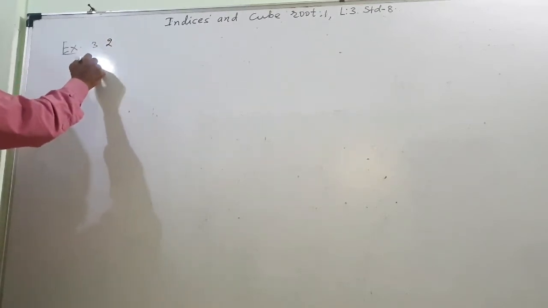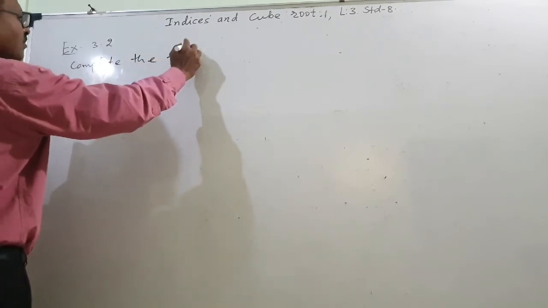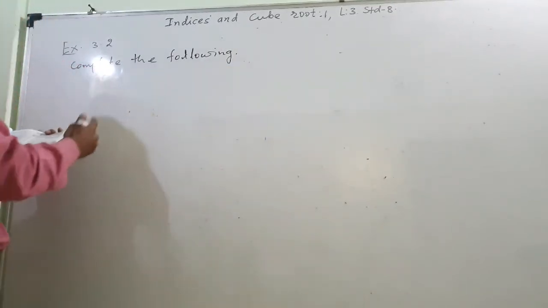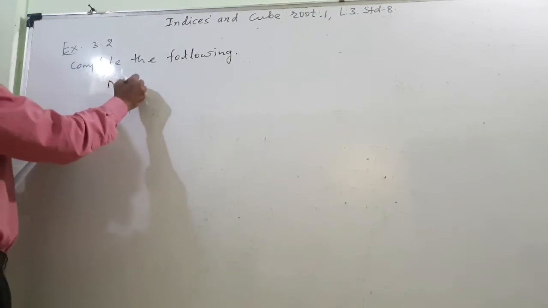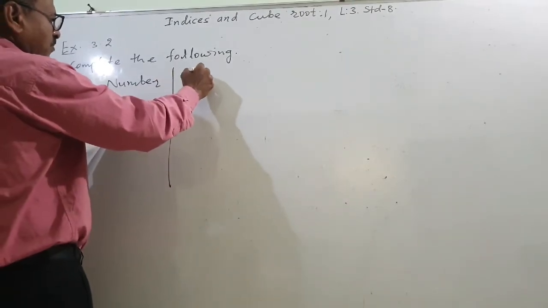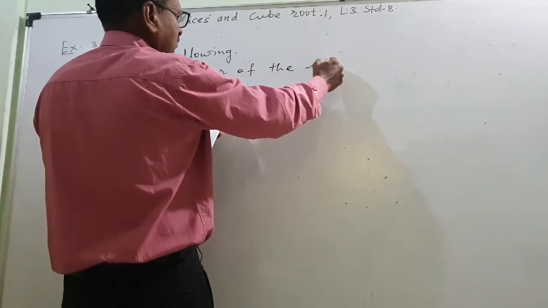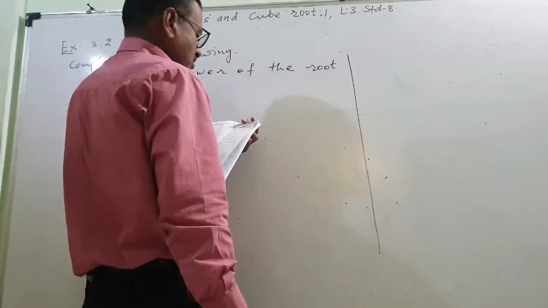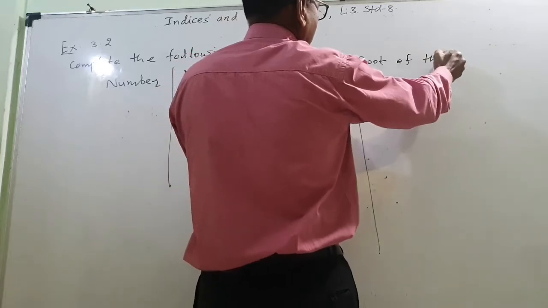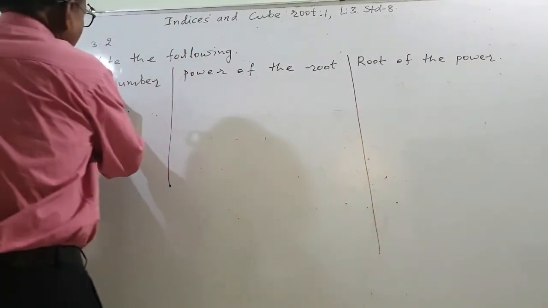Here the number is written, and we have to write power of the root, and then I want root of the power. This table I have to complete.